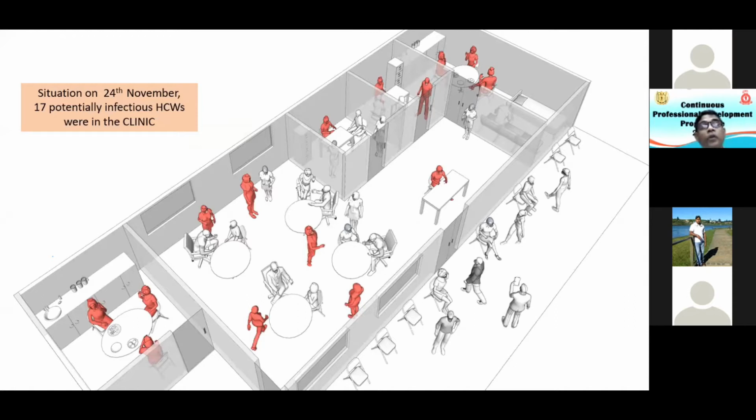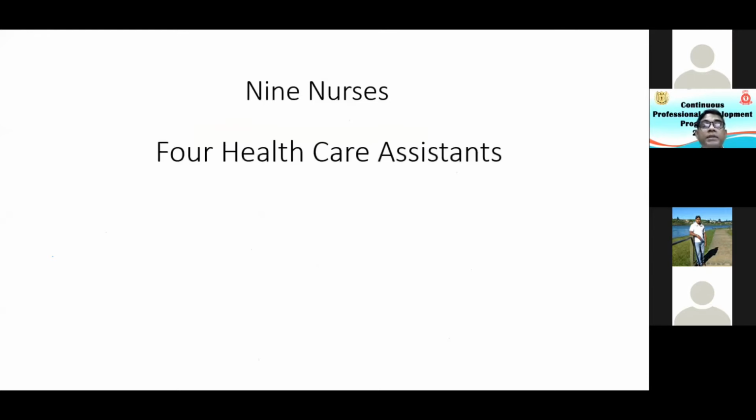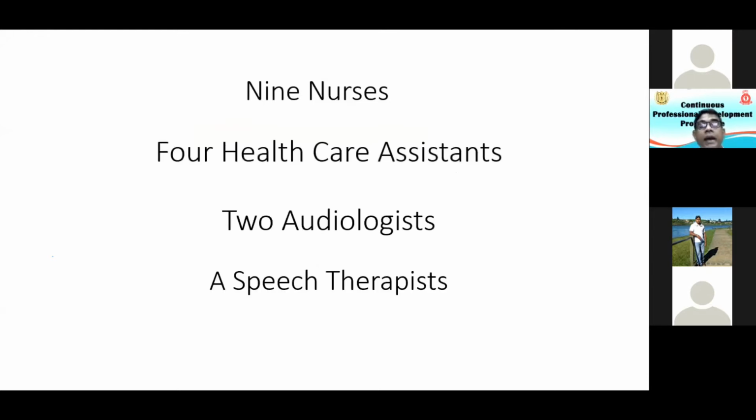On 24th of November, within the practice of the ENT clinic, there had been 17 contagious or infectious individuals. As a result, 9 nurses, 4 healthcare assistants, 2 audiologists, 1 speech therapist and 1 doctor from another ward got the disease.